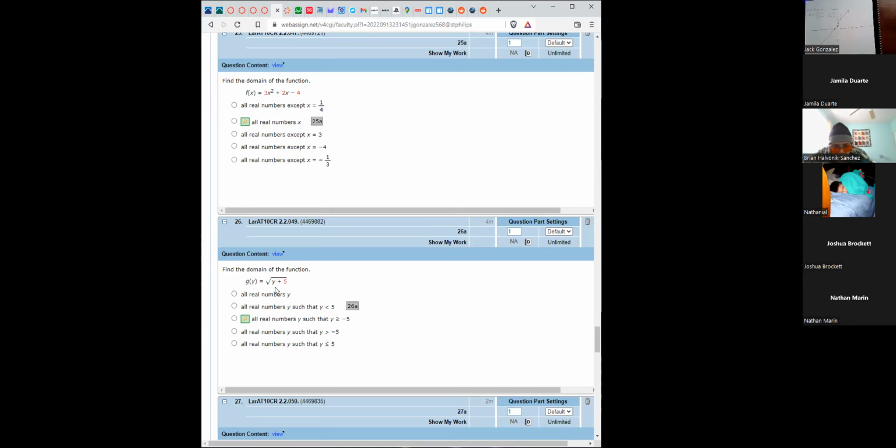If you plug in -6, what would happen inside here? Yeah, you get the -1. Let's just write it out in case you don't see it. -6 looks like a b, but it's a -6. So that'd be the square root of -6 plus 5.